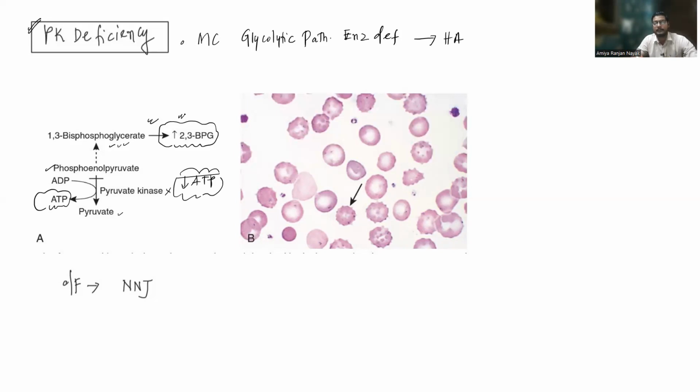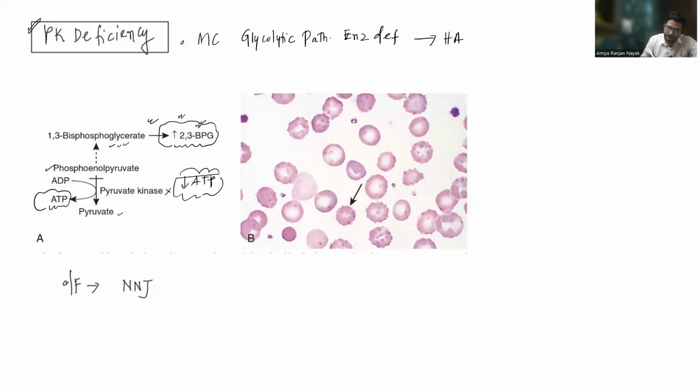So that is why patients with pyruvate kinase deficiency may have a lesser severity of hemolytic anemia, because increased 2,3-BPG will cause increased oxygen delivery to the tissues. So the clinical severity of the anemia will be reduced because there will be a good amount of oxygen delivery to the tissues.